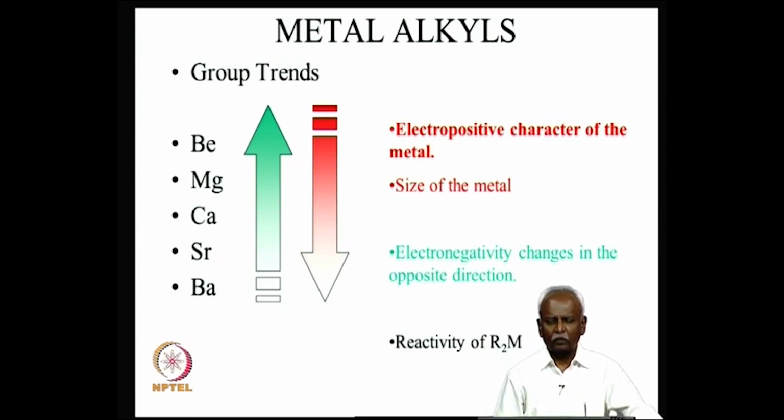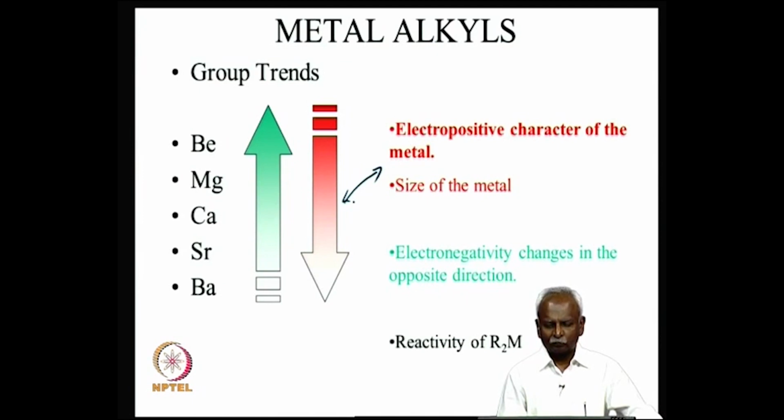And you also know that the electropositive character of the metal increases as you go down the group. So, the red arrow is connected to what we have shown here, the electropositive nature of the metal, and that seems to increase as you go down the group, and the electronegativity of course changes in the opposite direction.